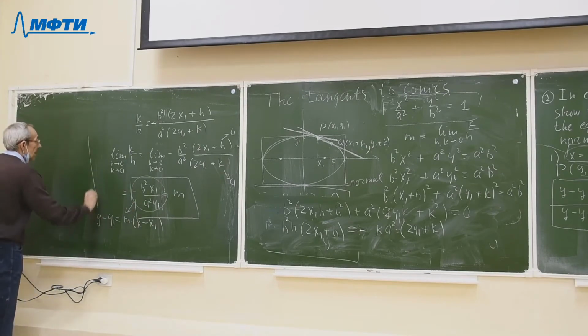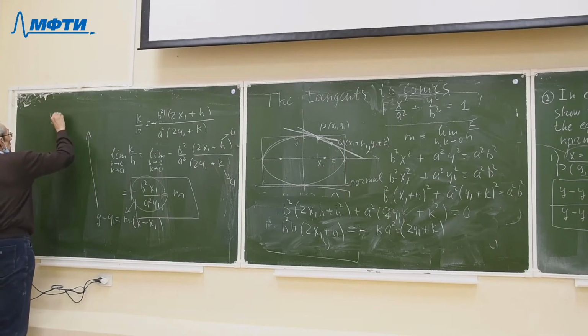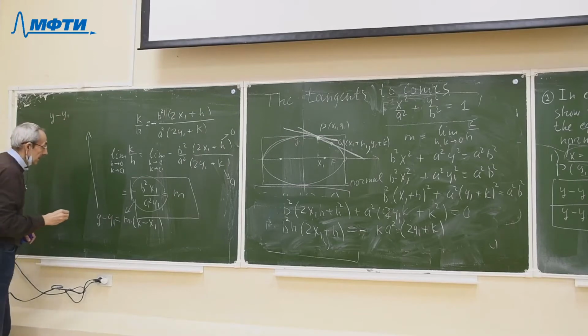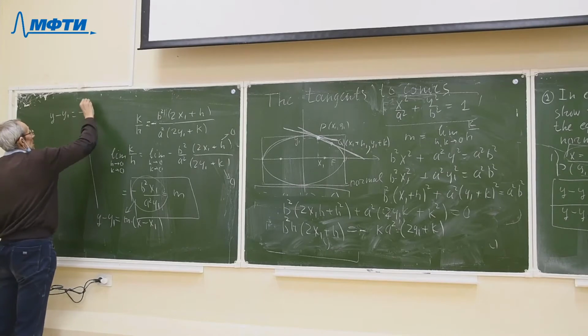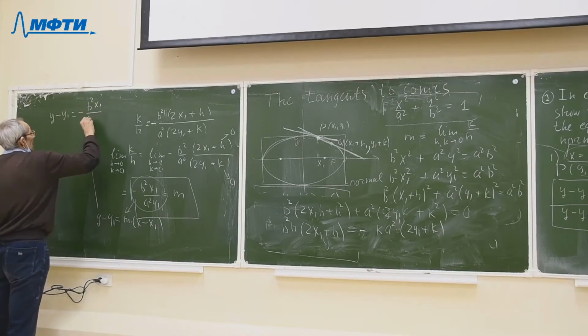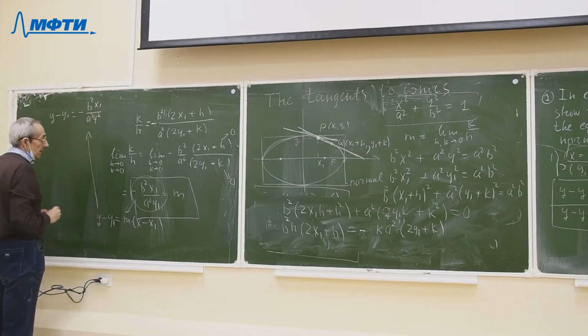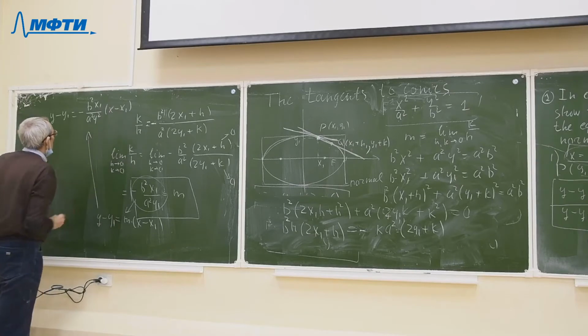And after substitution, we obtain the following equality: y minus y1 is equal minus b squared x1 divided by a squared y1 times x minus x1.